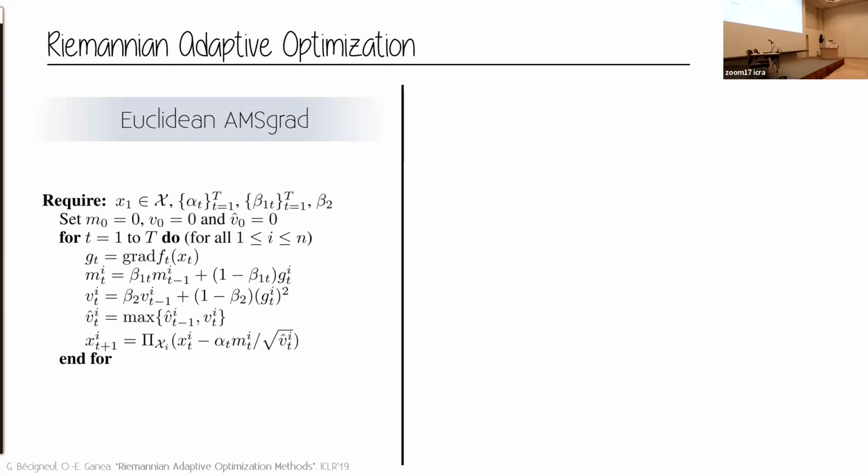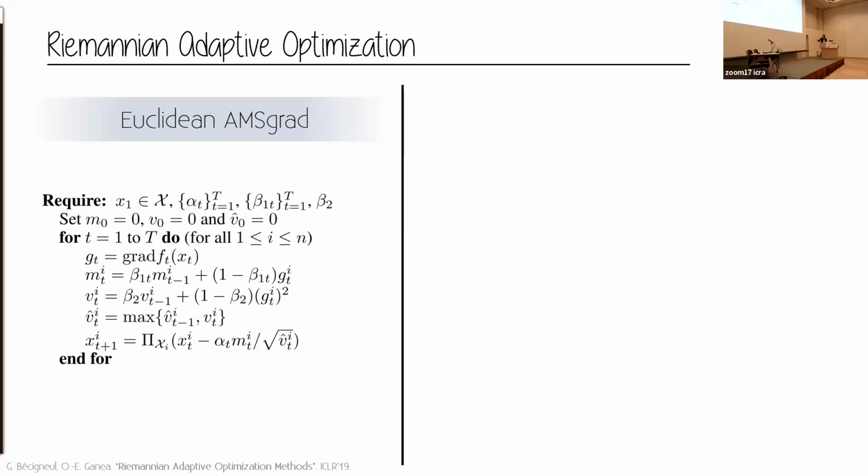So the idea of AMSGrad is that for each iteration, you first compute the gradient of your function, and then you have the momentum term, which is equal to the previous momentum term plus some multiplication of the gradient. So this is basically the direction of update. And then you have a second momentum vector, given here by v, again as a function of the gradient. Based on those two momentum vectors, you have a projection.